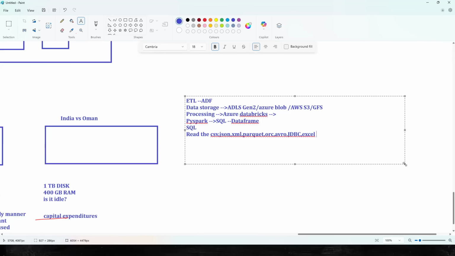We will discuss read and write in detail, and then how to write an automation framework using PySpark.